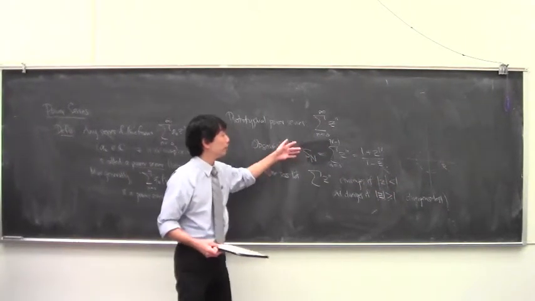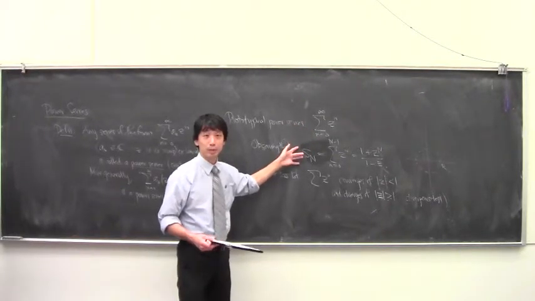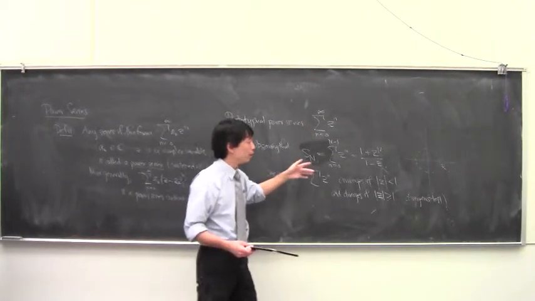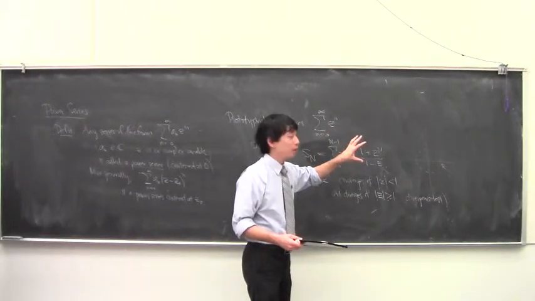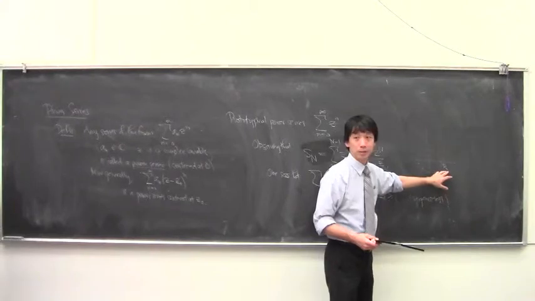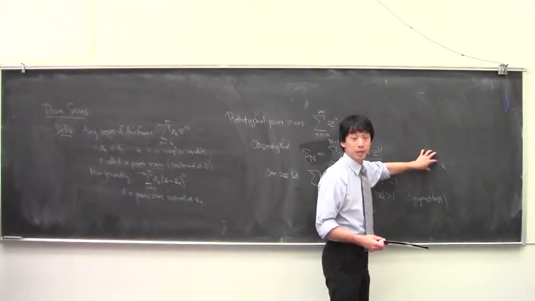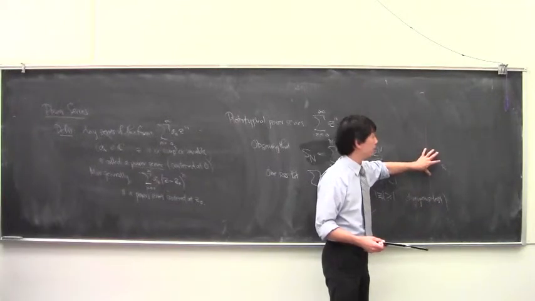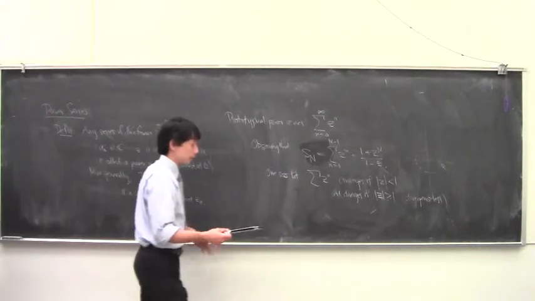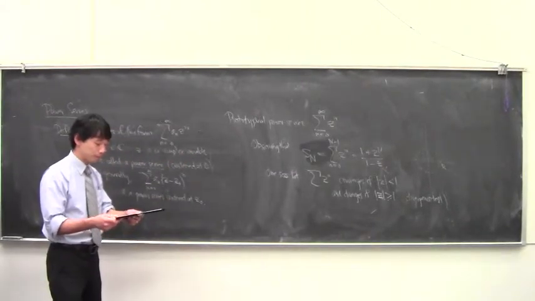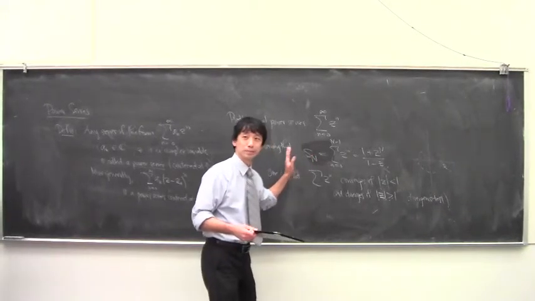That's true of this one particular power series, but in fact it turns out to be true for all power series. You're always going to have some radius such that inside the open disk of that radius you have convergence, and outside the closed disk you have divergence. So this sort of behavior will be true for all power series.